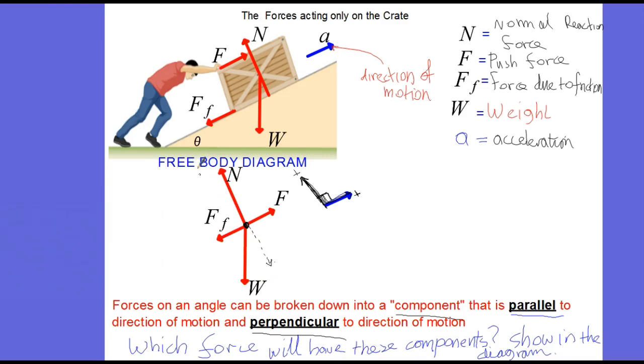And that means it's perpendicular to the direction of motion. Yeah? And then the other part has to run down parallel to motion. And it makes this right angle triangle. Can everyone see that? So this weight force has to be broken down into parallel and perpendicular parts.